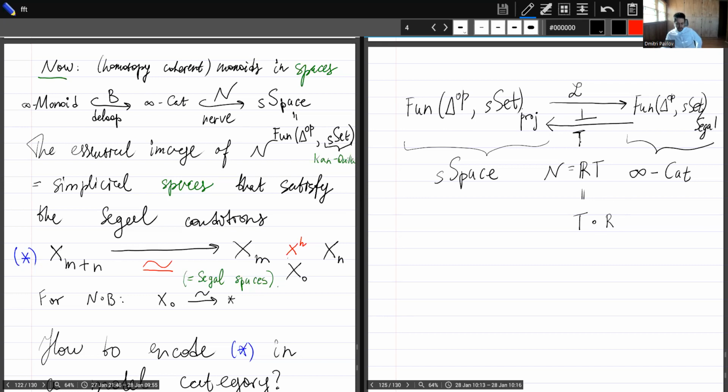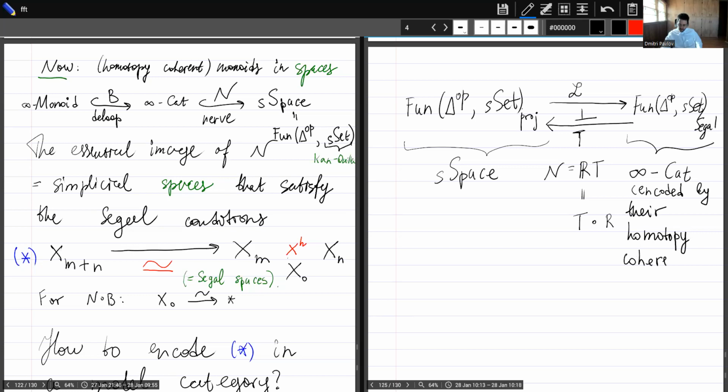Well, the point here is that in this setting, we are encoding infinity categories. They are basically encoded by their nerve, by their homotopy coherent nerve. That's one way to interpret what is happening here.